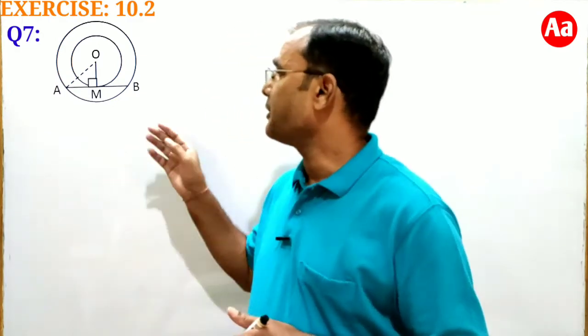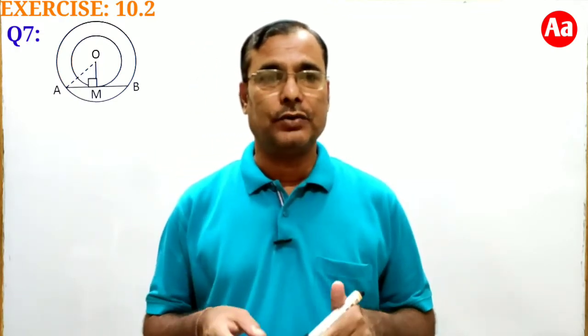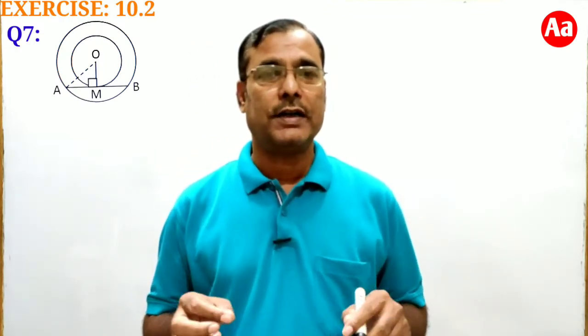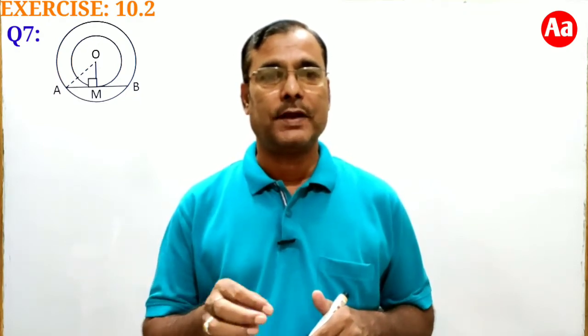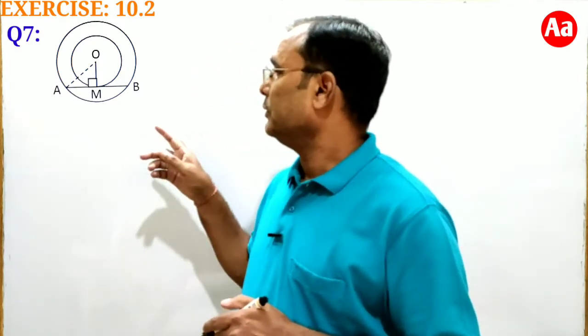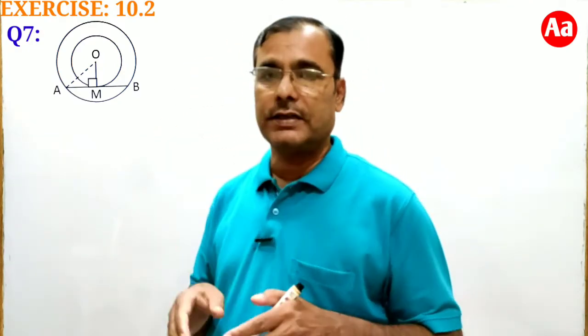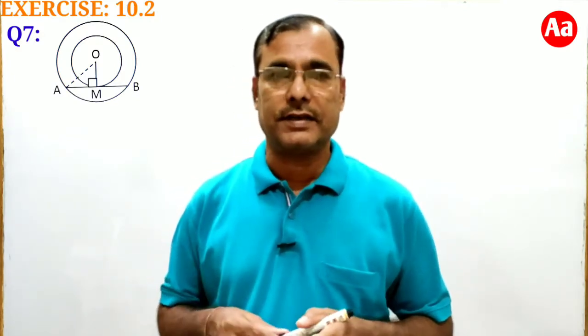In this figure, there are concentric circles with center O, and AB is a chord of the larger circle which touches the smaller circle at point M. OM is the radius of the smaller circle and OA is the radius of the larger circle.